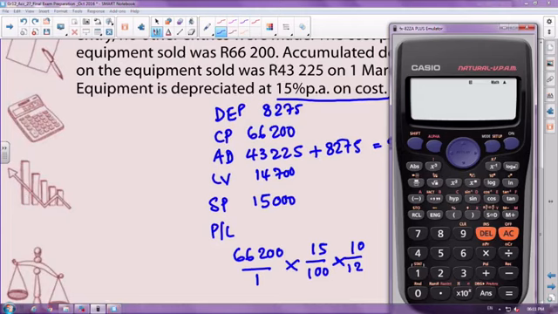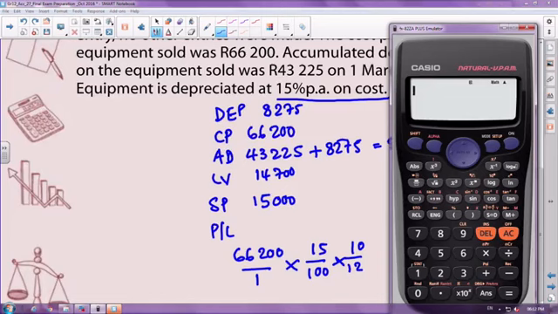Now the question that you ask yourself: did I dispose of my asset for greater than the carrying value, less than the carrying value, or equal to the carrying value? Watch. My selling price was 15,000 and my carrying value was 14,700. So obviously my selling price is greater than my carrying value.